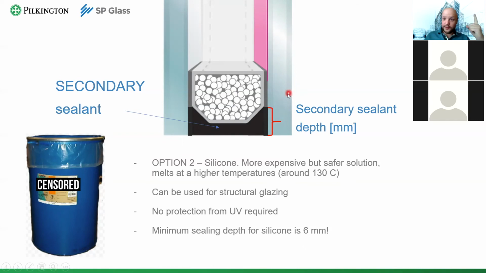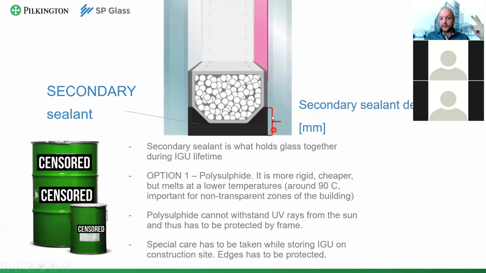That's the first thing. And the second thing, the minimum secondary sealant depth of silicone is 6 millimeters instead of 4. Now, I know that some say that for polysulfide the minimum depth is 3 millimeters. But let's be clear. Every production can have a deviation of any parameter of about 1 millimeter.